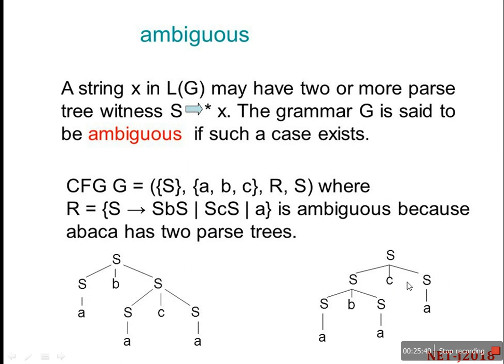Here the right side of S stops first, here the left side of S stops first. Here the left side S generates one more time SBS, so stops. Finally you will get ABACA. This means this tree can generate more than once, that's why the given grammar is ambiguous. It can generate two or more parse trees, that's why it is ambiguous.